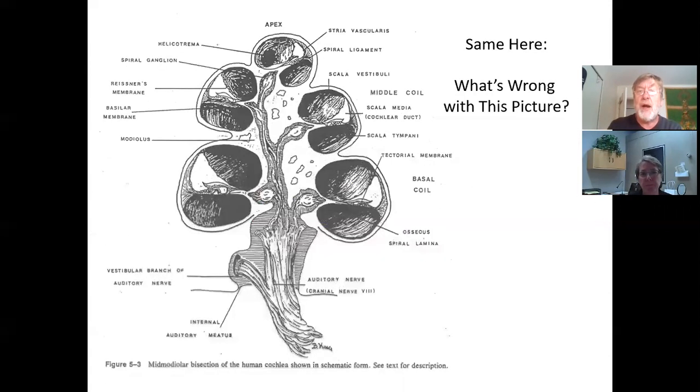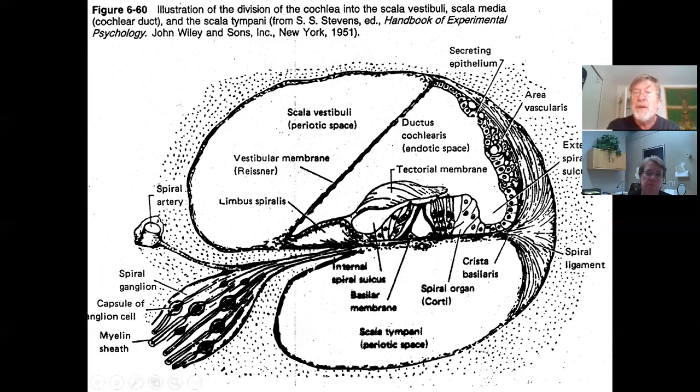So when we're looking now at one coil, a close-up of the coil, make it our own business to really have this gross anatomy down, okay? Scala vestibuli, perilymph, Reissner's membrane, scala media, endolymph. And now the pieces of how this is held together.